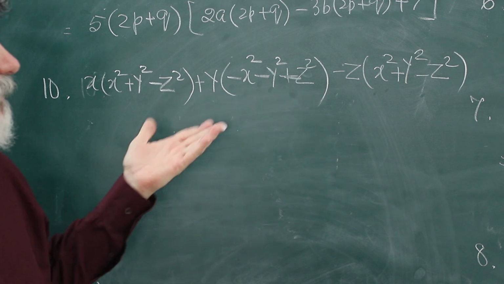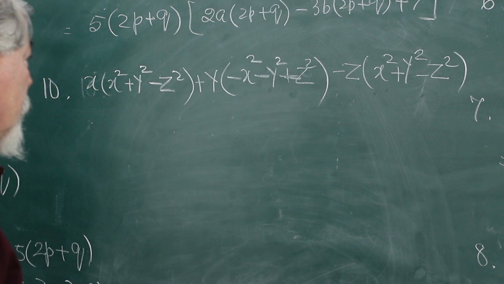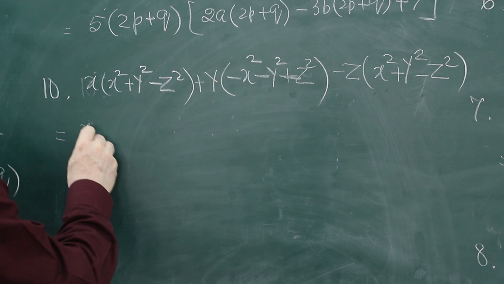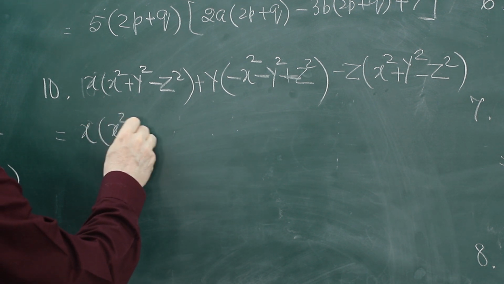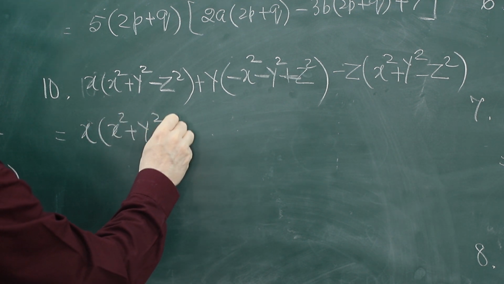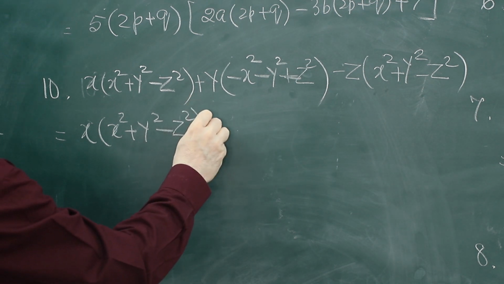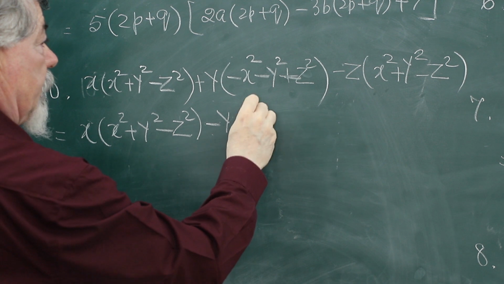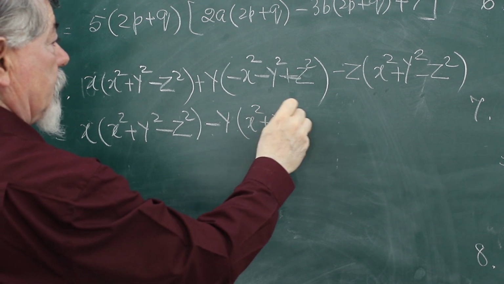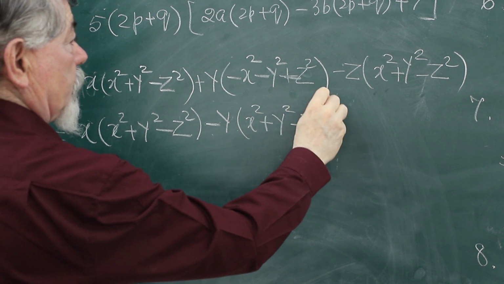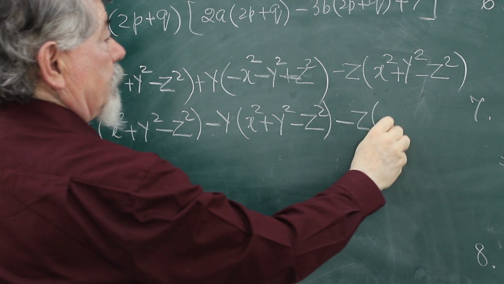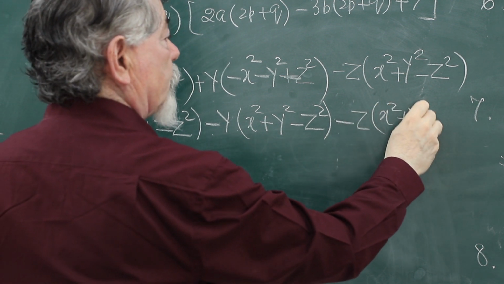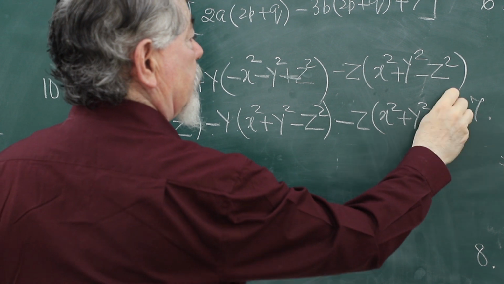So what I can do is take minus sign common outside that bracket. x(x^2 + y^2 − z^2) − y(x^2 + y^2 − z^2) − z(x^2 + y^2 − z^2). I've taken minus common, so it will become x^2 + y^2 − z^2.